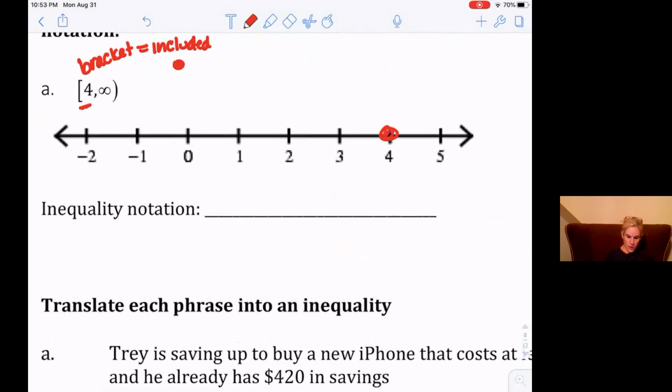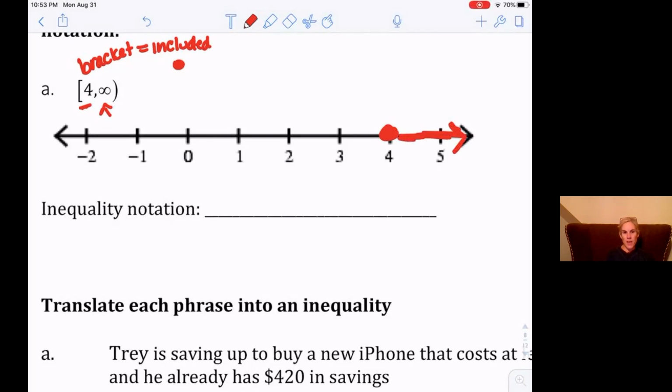So we're going to fill in 4. And then this says 4 is a smaller value and then infinity is our larger one. So that would mean that we need to be going to the right side of 4, such as 5, 6, 7. So we would shade to the right and draw an arrow at the end of that graph.